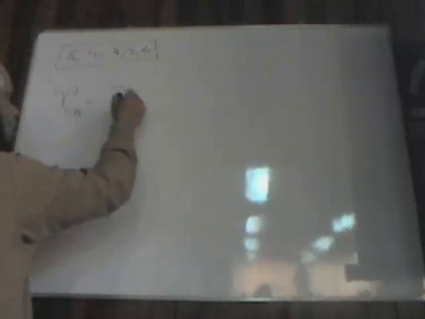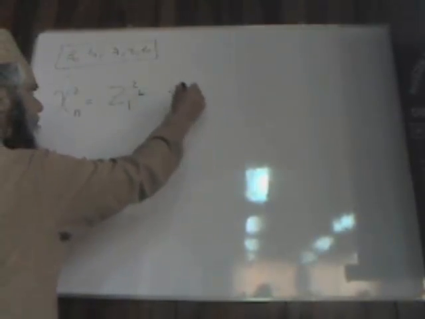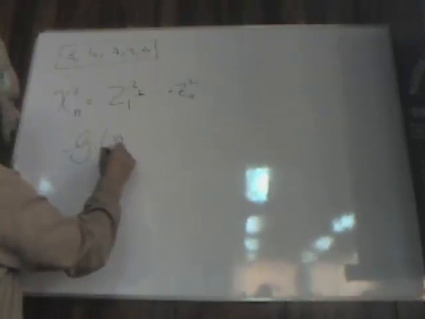So chi-squared n is equal to z1 squared plus and so on. If you generate n different independent normals, square them and add them, you get chi-squared n, and this is gamma n over 2, 1 over 2.